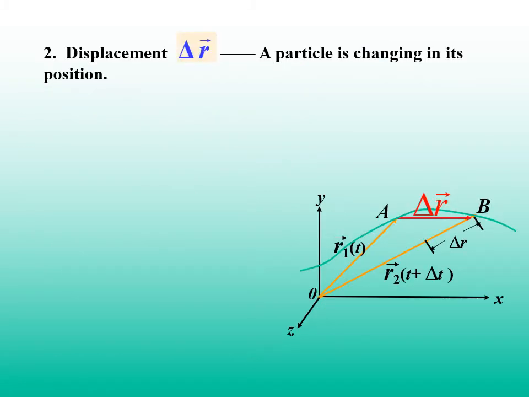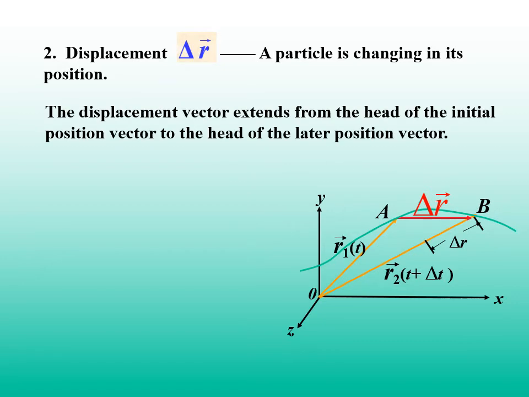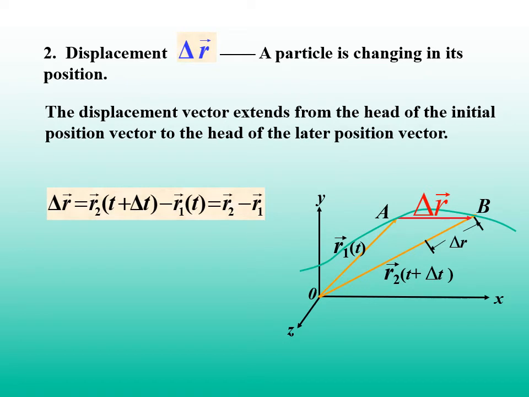If a particle has changed its position, we say this particle has a displacement delta r. The displacement vector extends from the head of the initial position vector to the head of the later position vector. Delta r equals r2 at time t plus delta t minus r1 at time t, where delta t is the time duration it takes for the particle to move from position r1 to r2.